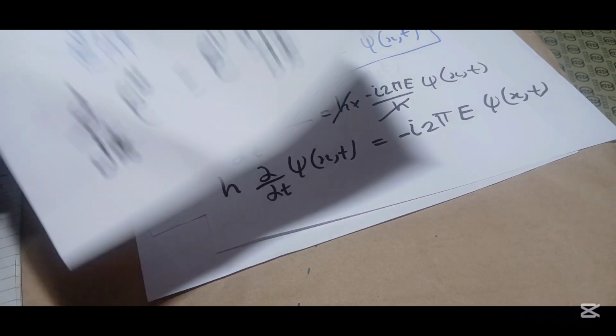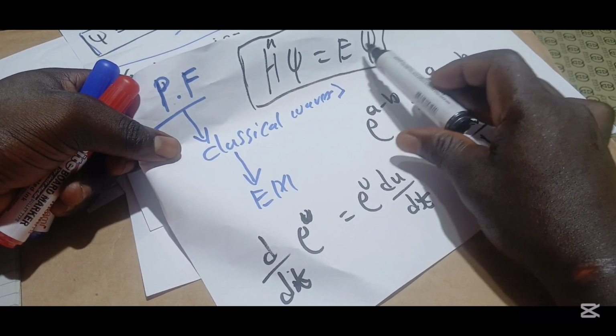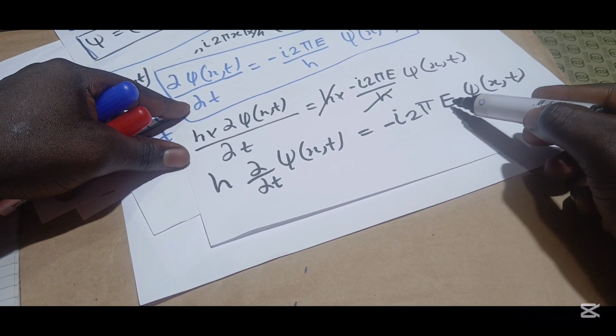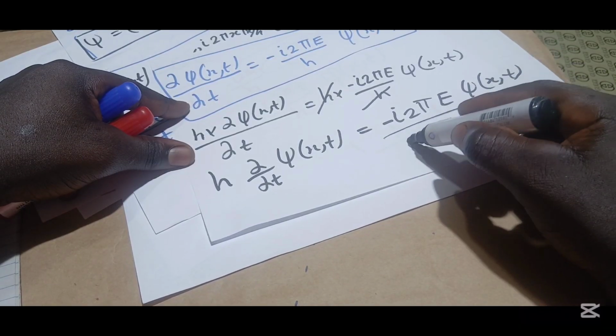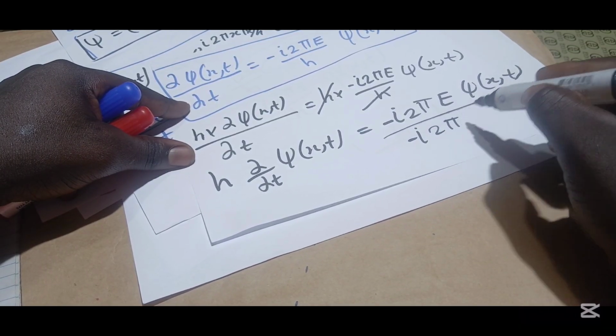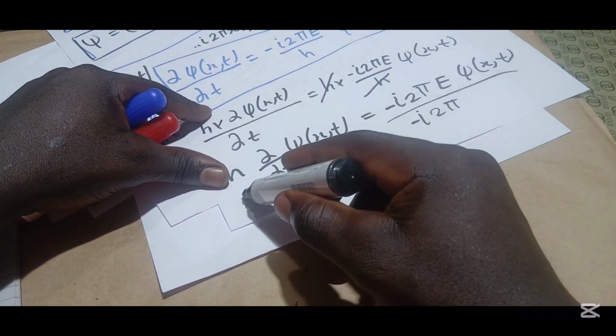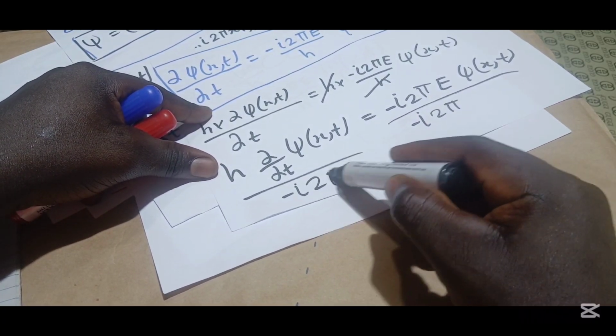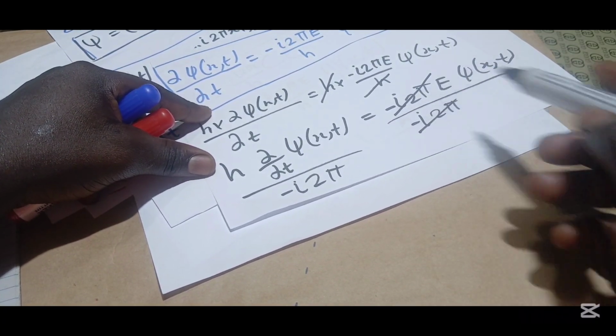Since we are trying to rearrange it in this form, we want the e term and the function to be there alone. So let's divide everything by minus I 2 pi. If we divide both sides of the equation by minus I 2 pi, this is going to take care of that.